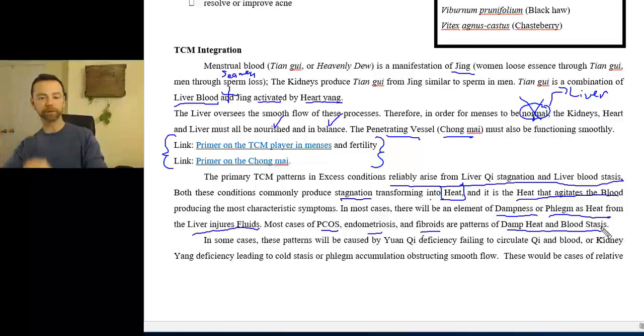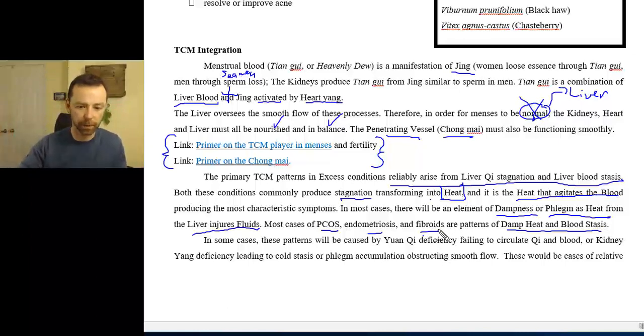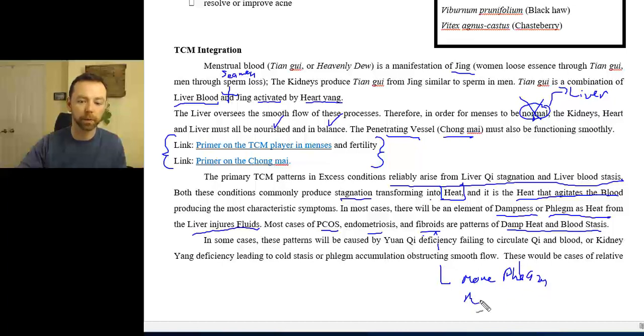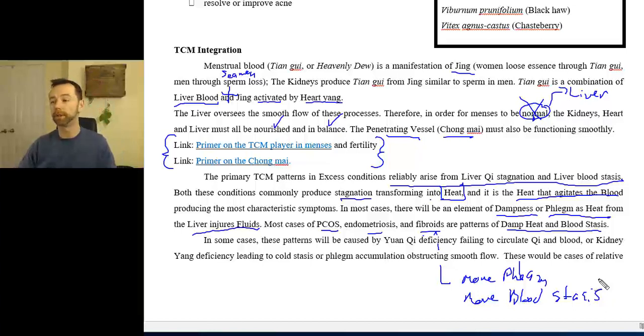Sometimes, and I've heard this both ways, but often fibroids are said to have more phlegm, and endo is more blood stasis. Now that's maybe useful, but again, don't worry about it too much. It probably doesn't change what you do for treatment much or at all.